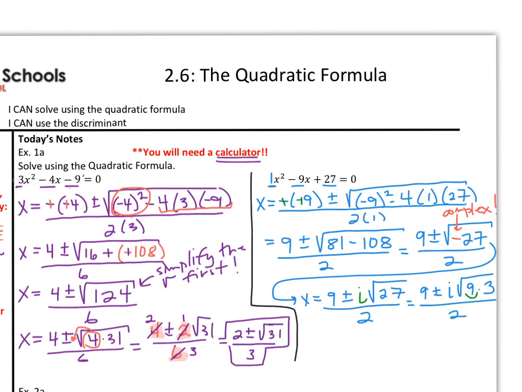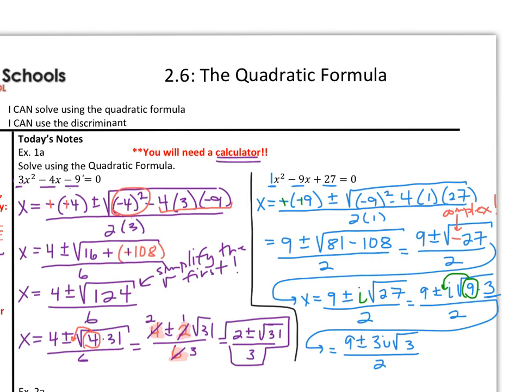The square root of 9 is a perfect square, so we'll put that on the outside with the i. The square root of 9 is 3. So again, giving ourselves a spot for the answer here: 9 plus or minus i times 3, or 3i, but then there's still that other 3 on the inside, all over 2.